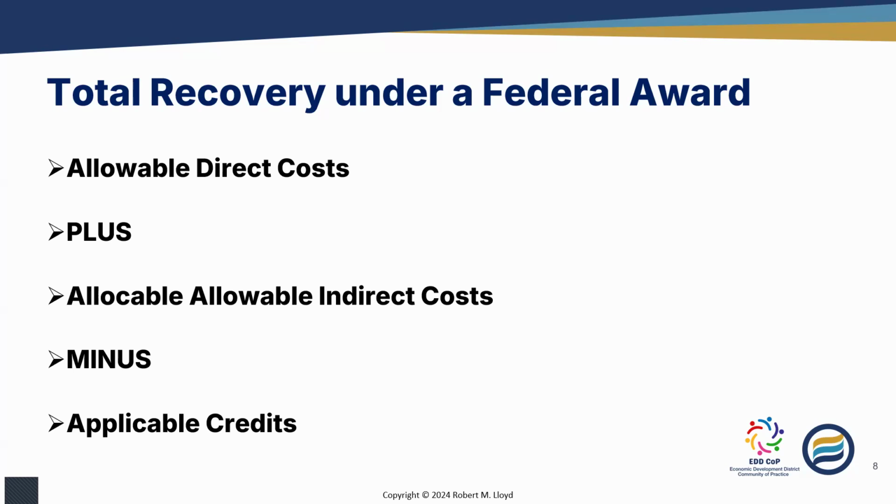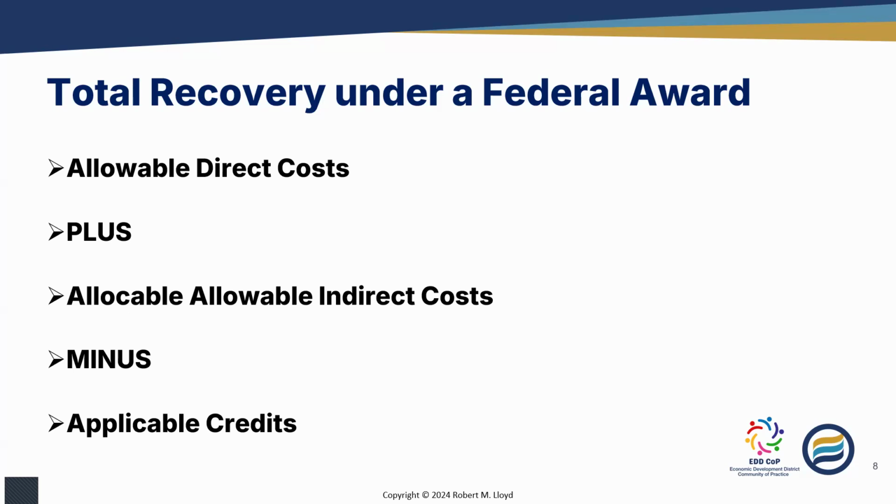Now, at the end of a particular project or program, the amount that your organization will get to claim and keep related to a grant or sub-grant represents the sum of the allowable direct costs plus the allocable or beneficial allowable indirect costs minus any applicable credits.